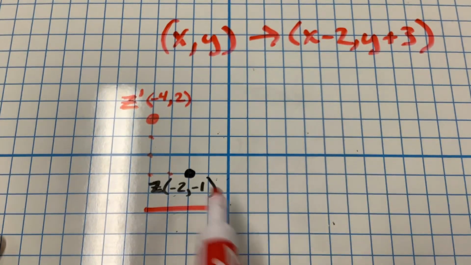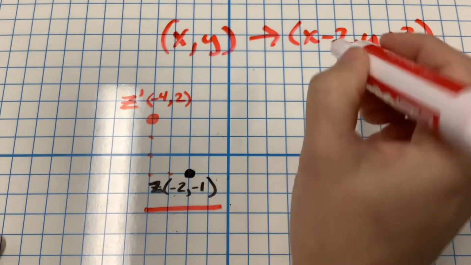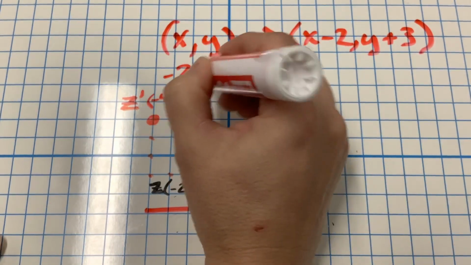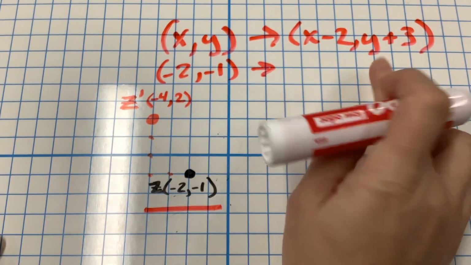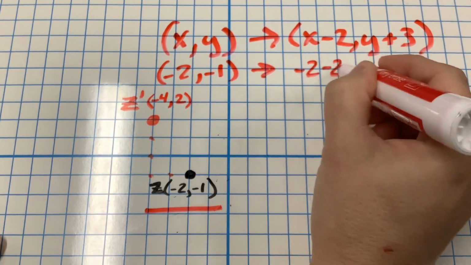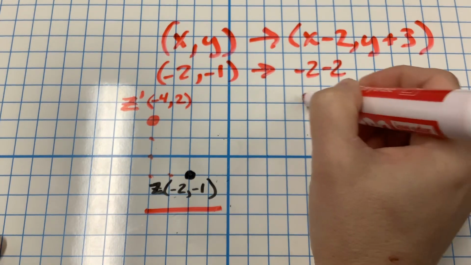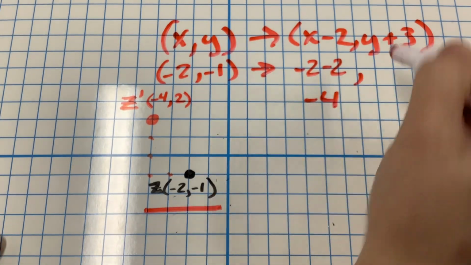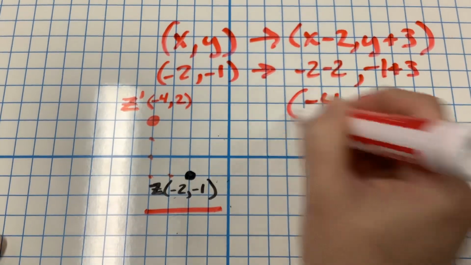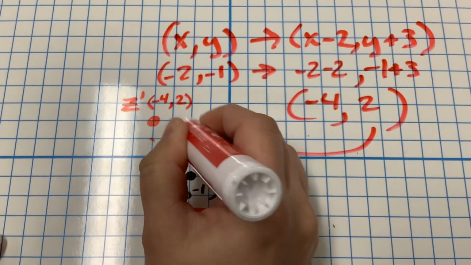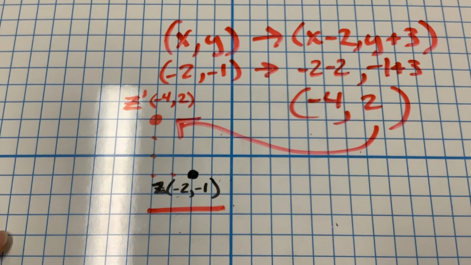So think about this. If I take -2 and -1, and I perform these operations on them, what's -2 - 2? -4. And what is -1 + 3? +2. And so what was our new ordered pair? -4 and 2. That's exactly what it was.